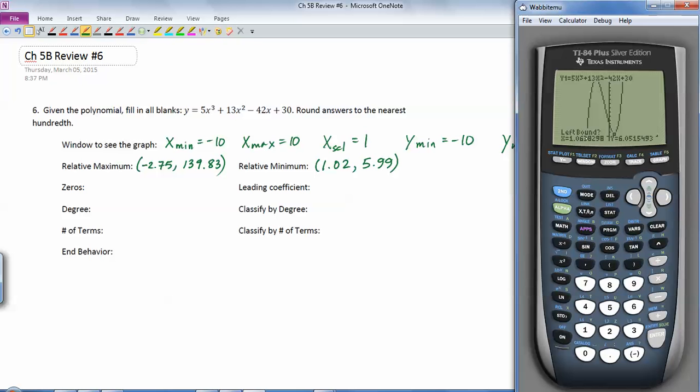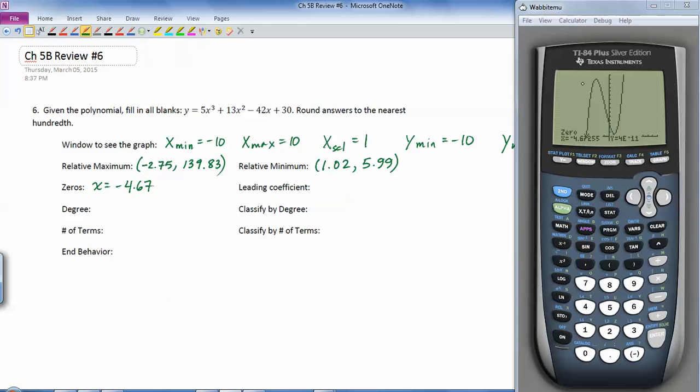Now, I said it was around -5, so I'm going to go left bound is -6, and right bound is -4. And then we'll hit enter, and I'll guess that it's at -5. And it's actually at -4.67. So the zero is at x equals -4.67.